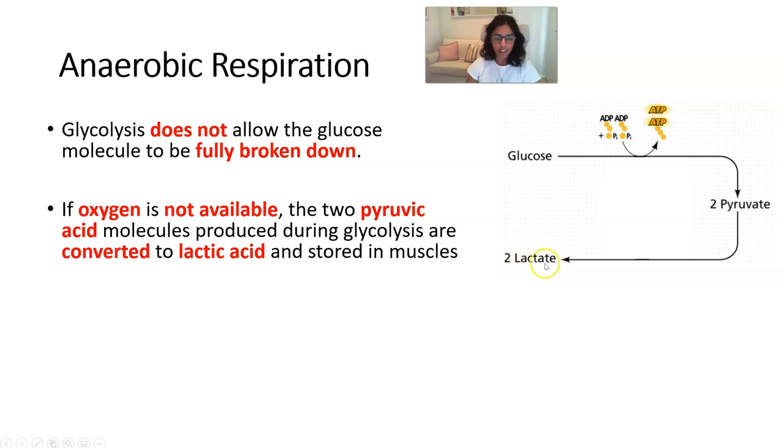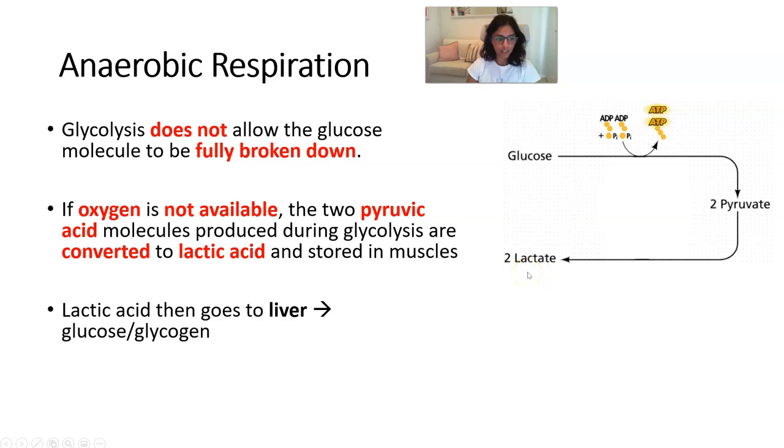Now, these lactate molecules are stored in your muscle cells, and eventually lactate is converted in the liver to glucose or glycogen for storage. So we have glucose, it's partially broken down to pyruvate.